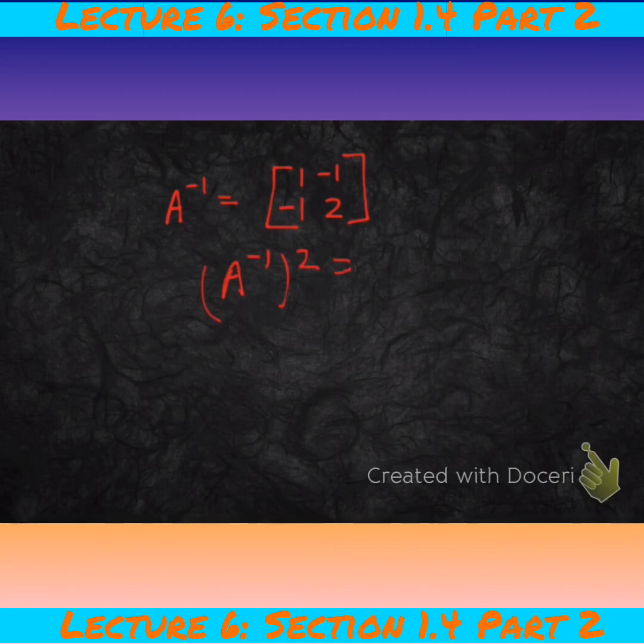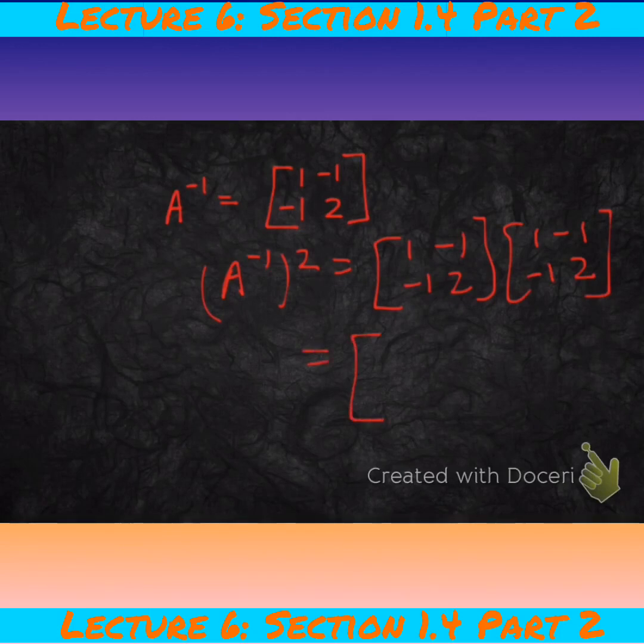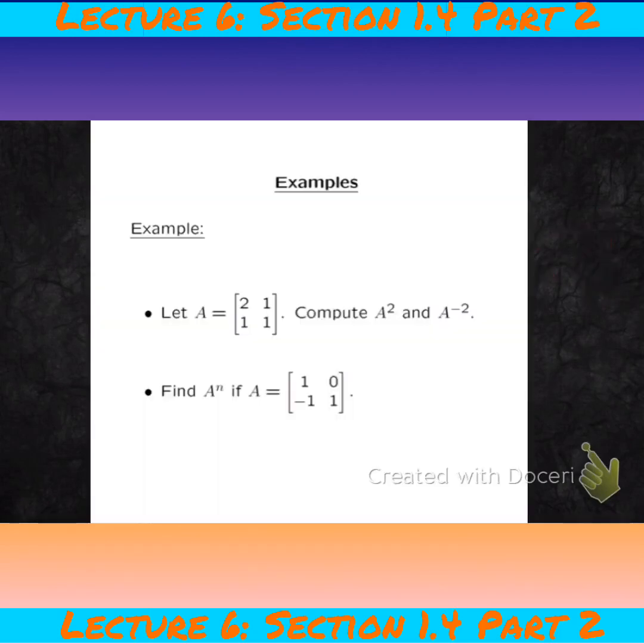Again, you are going to square that matrix, multiply it with itself, and again that is 1, minus 1, minus 1, 2, and then multiplying that out is again another 2 by 2 matrix. So there we've got A to the minus 2. Right, next they ask us to find A to the power of n, where A is the matrix 1, 0, minus 1, 1.